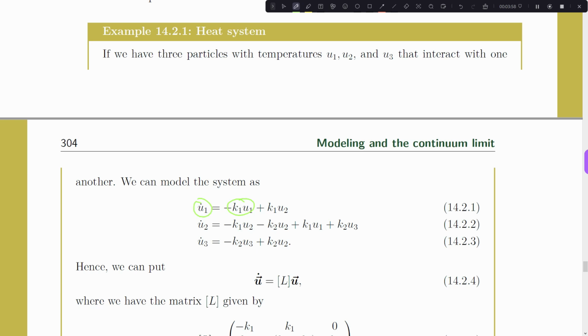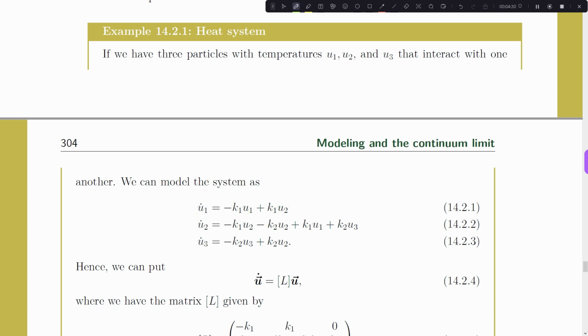The hotter u1 is, the more heat it loses, because the hotter an object is, the faster it radiates heat out into its environment. But it's also going to gain heat from its neighbor, which in this case is u2. So k1 describes how fast it loses heat and how fast it gains heat, and it can only gain heat from u2.